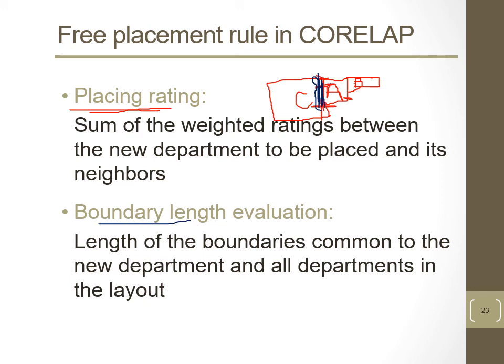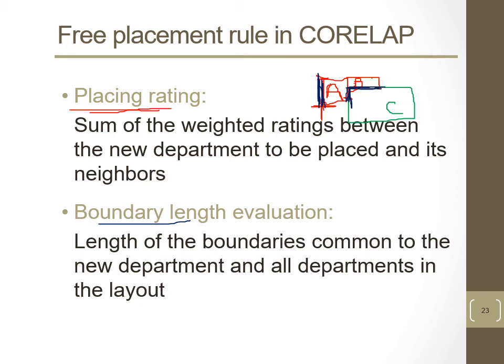On the other hand, let's say we decided to place department C here. This is department C, and the boundary shared with A is this side, and the boundary shared with B is this side.